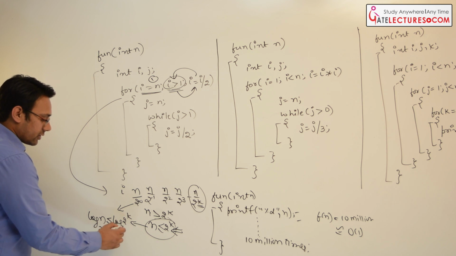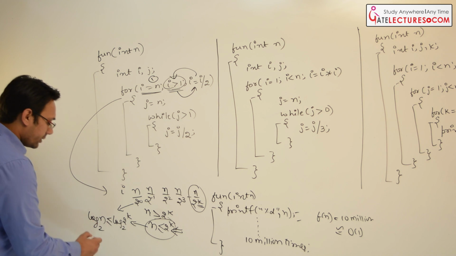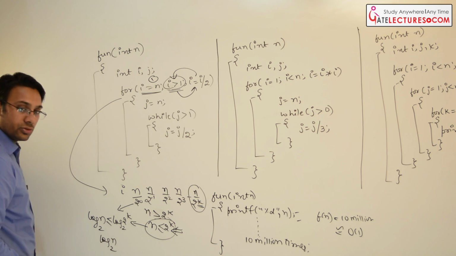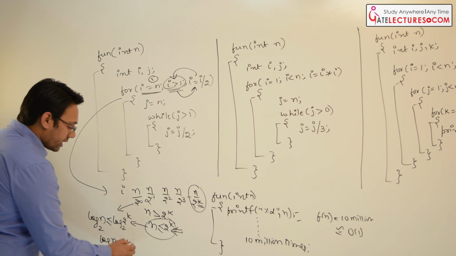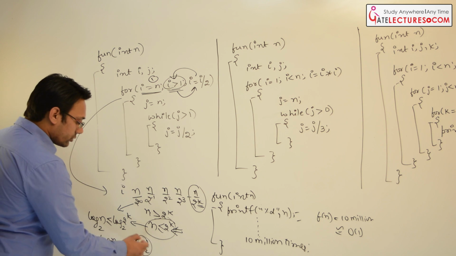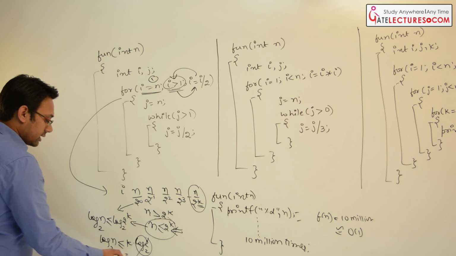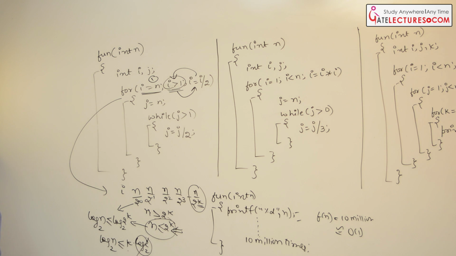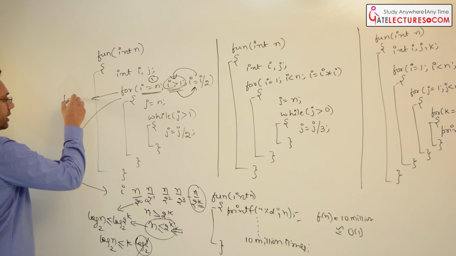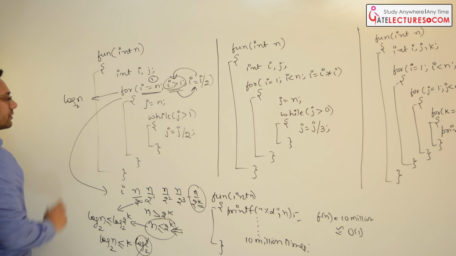Let us suppose the base of the log is 2, therefore it can be written as log n base 2 should be less than or equal to k into log 2 base 2. And what is log 2 base 2? It is 1. Therefore k should be less than or equal to log n base 2, right? Therefore this for loop is going to be executed log n base 2 times.